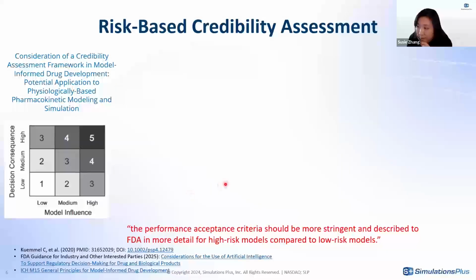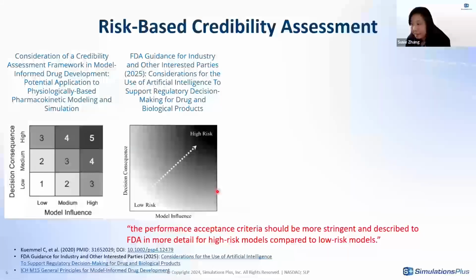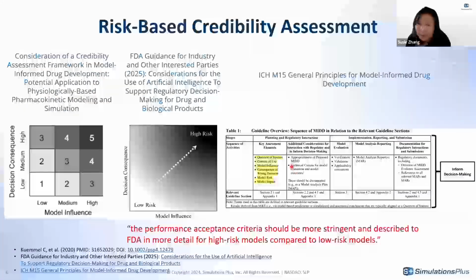And later on this year, FDA published another guidance on artificial intelligence, where you'll see a similar figure. The guidance gave two hypothetical examples of how you would assess your model risks. And you see similar in the M15 guidance. So really, this is something evolving.